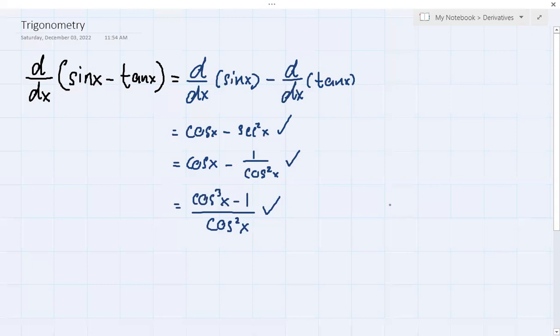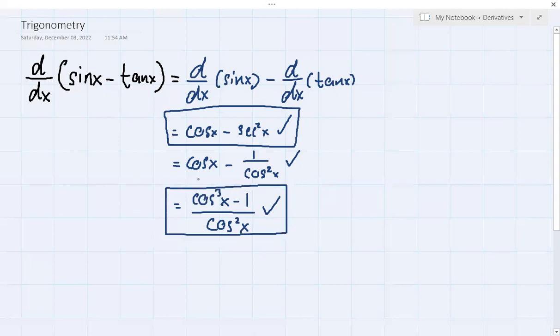Pero if basta kahit anong sagot na lang, well, if that's the case, edi ito na lang pipiliin ko kasi this one is the most simplified one, in my opinion. Okay? Pero kung gusto mo ng naka-sine or cosine function, edi ito. Overall, all of them are correct.